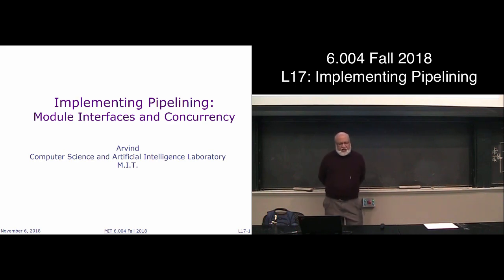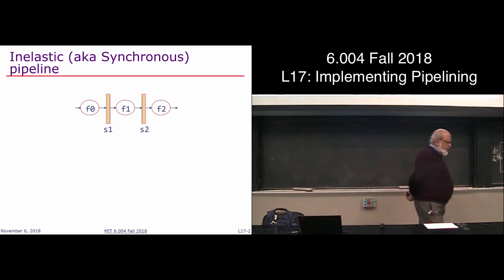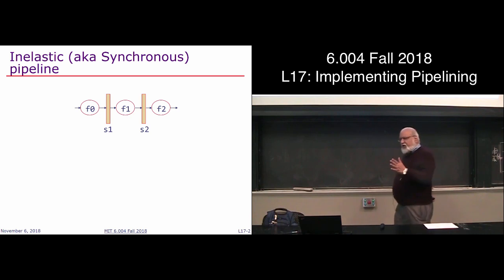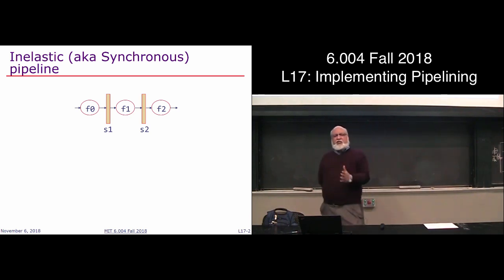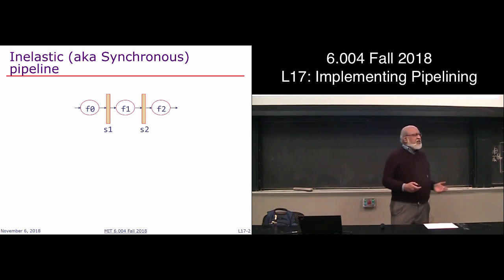All right, so implementing pipelining. So we have a synchronous pipeline. At every clock's edge, we want the data to move to the right, so we can be processing multiple things at the same time. In any pipeline system, there is a question of how you're feeding things in and out.